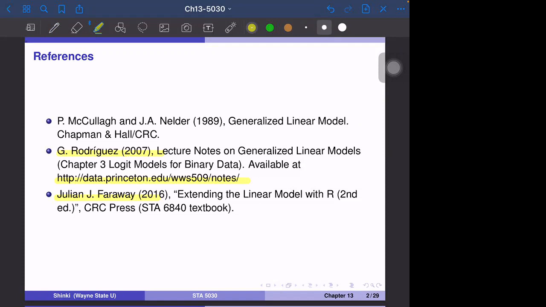You can start reading this textbook now, and it has more explanations and more techniques for diagnosing logistic regression and more generalized models. The first one is a kind of classic book, a little more difficult and theoretical: McCullagh and Nelder's generalized linear model book.